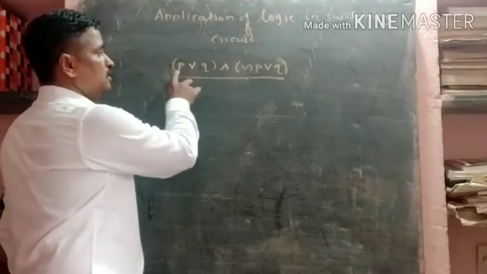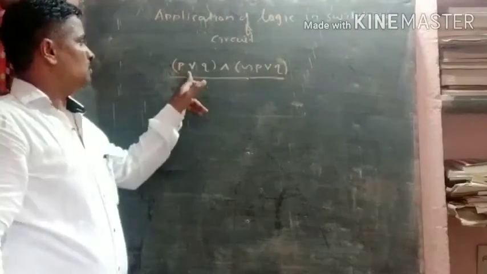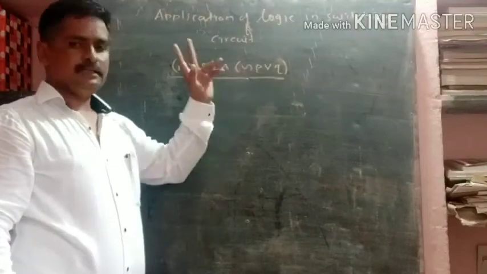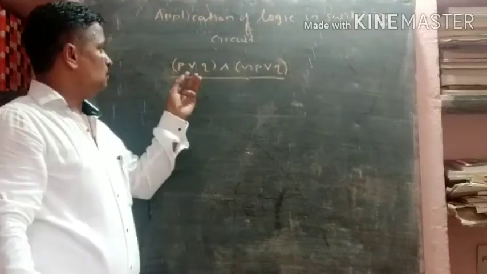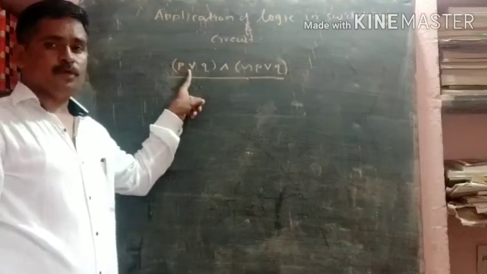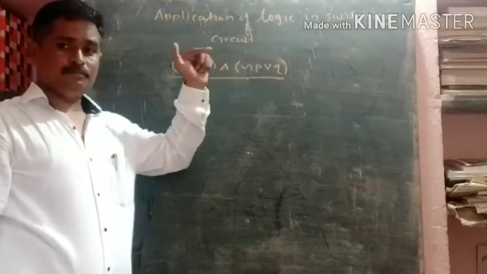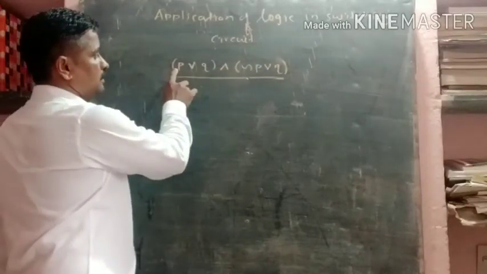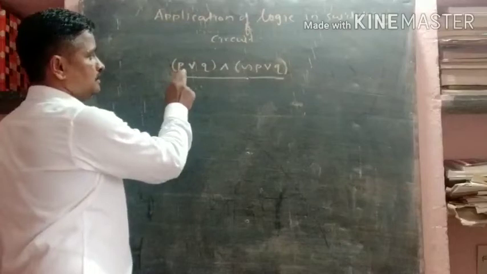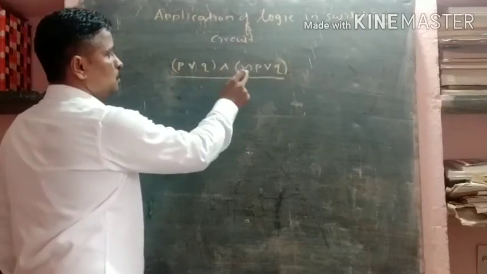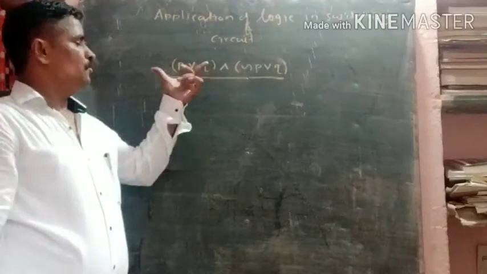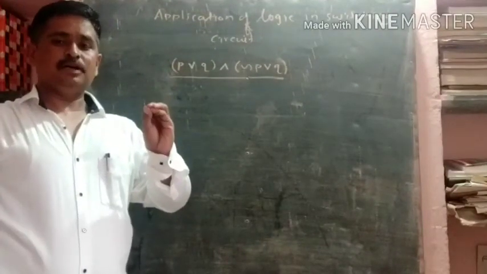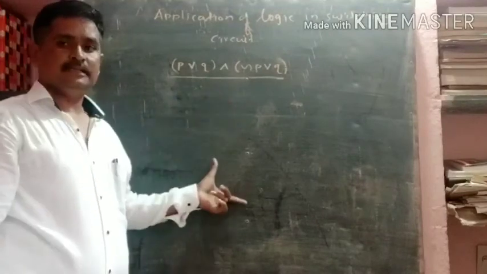Here we have two statements P and Q, plus the negation of P, and the basic connectives are 1, 2, 3, 4. So 2 plus 4 equals 6, which is the number of columns present in this table.